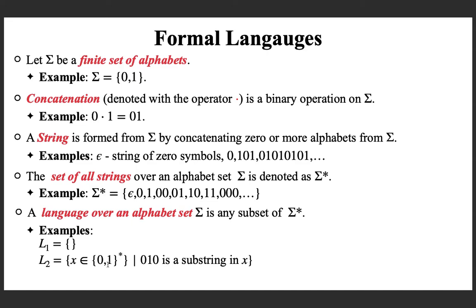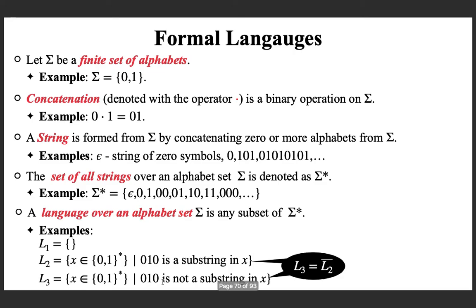Now let us look at another language L3. What is it? The set of all binary strings X such that 0, 1, 0 is not a substring in X. Okay? Now you can see that there is a relationship between L2 and L3. What is it? L3 is the complement of L2.